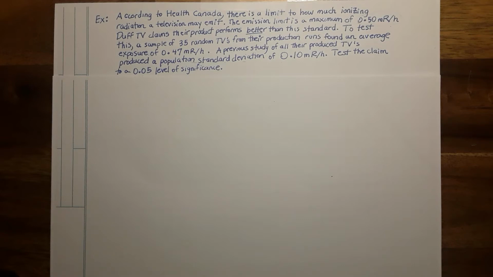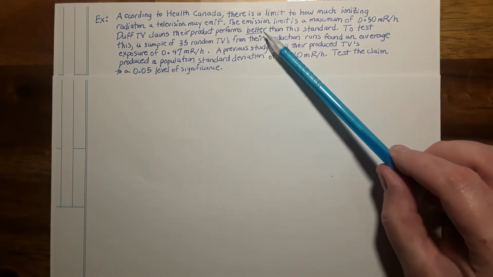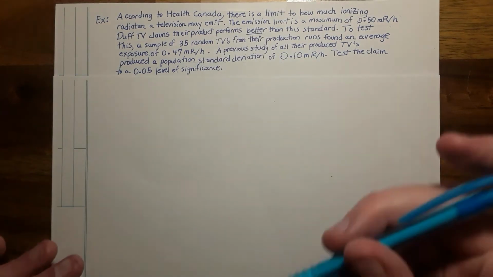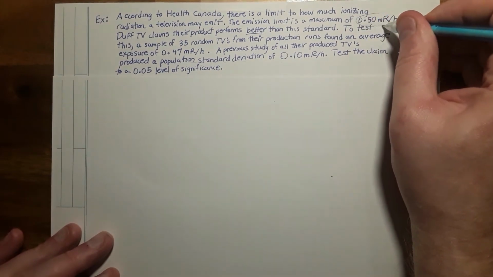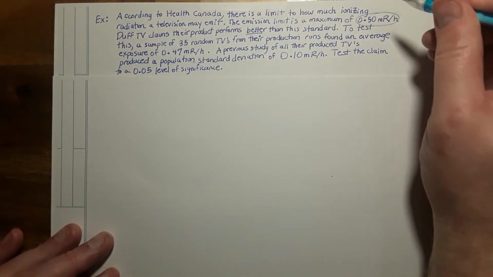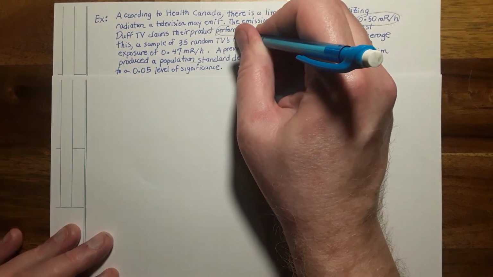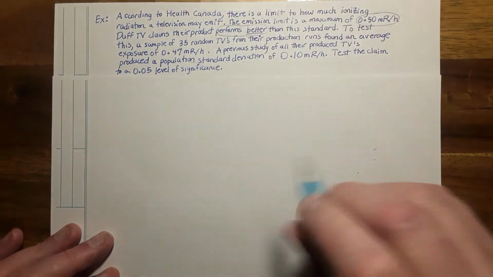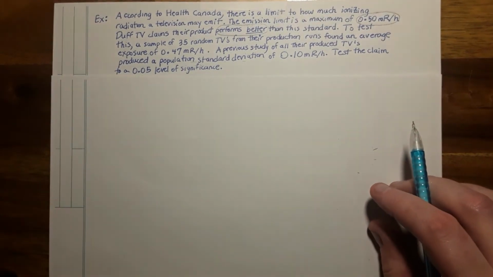So a television manufacturer claims that their product performs better than this standard. So this is the standard that is being claimed, 0.50 milliröntgens per hour, but the company claims that their product performs better than this standard. So that means less than this radiation limit.